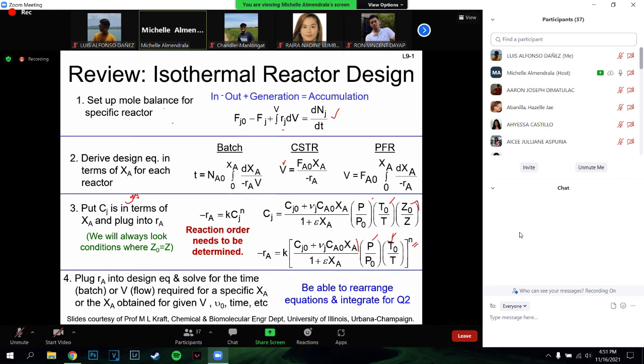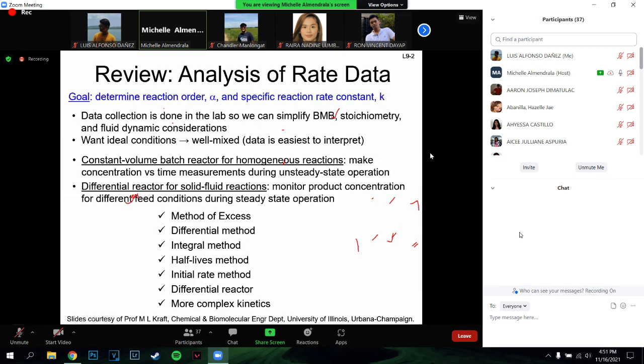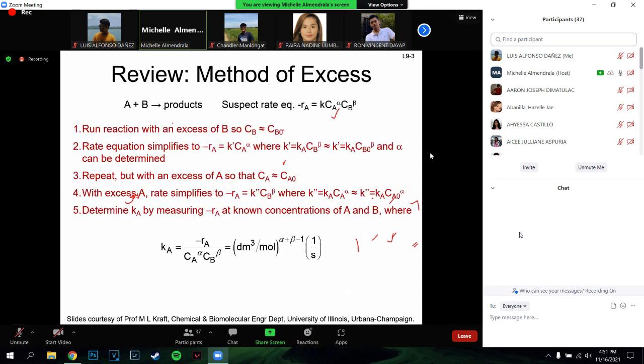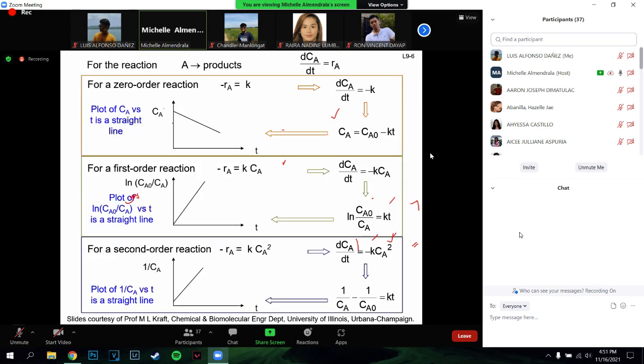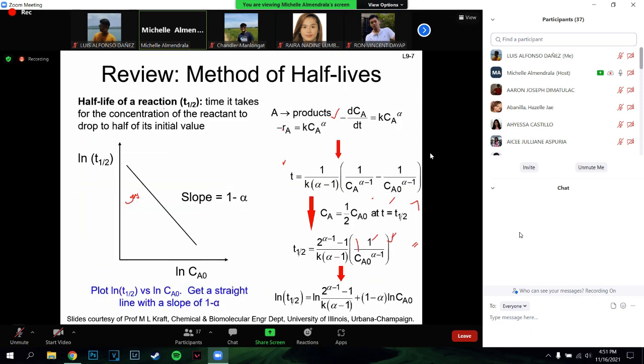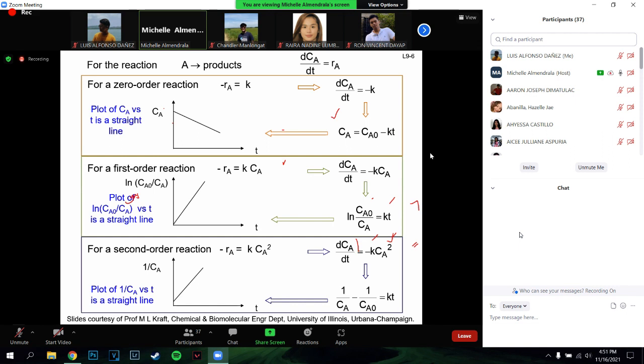Next, we will have to discuss these reactor designs for isothermal processes, isothermal kinetics. I will not review anymore the rate data and the differential method because you're done doing this. The integral method, of course, you will be doing later.